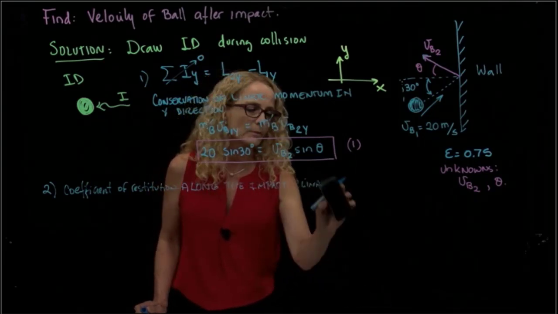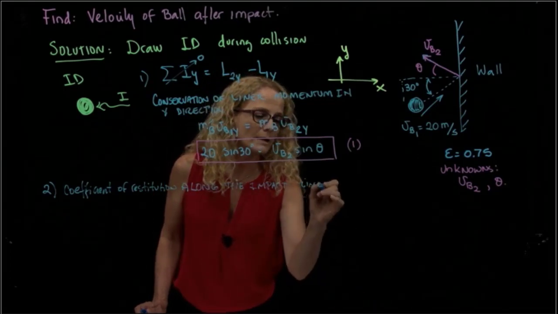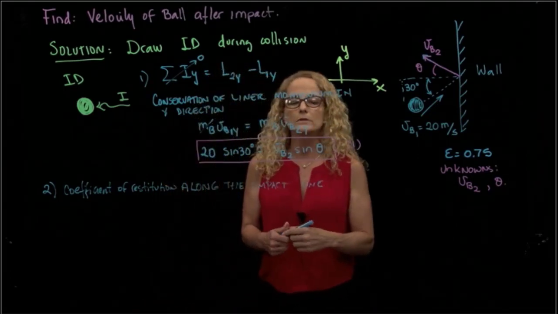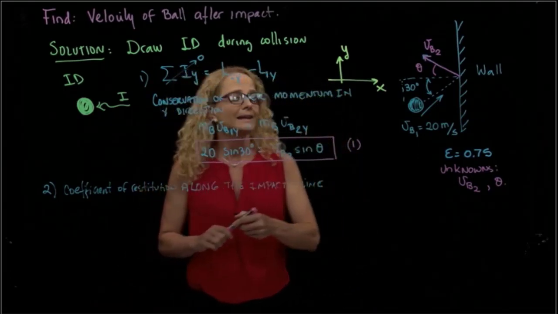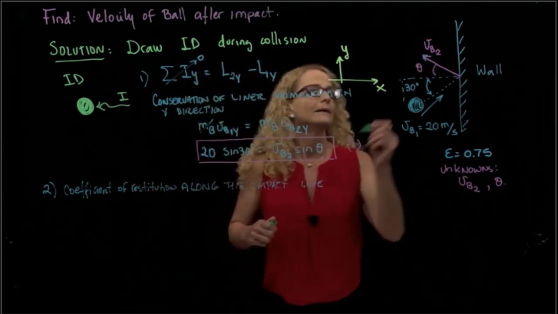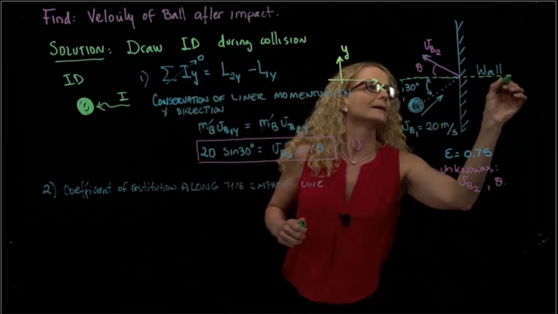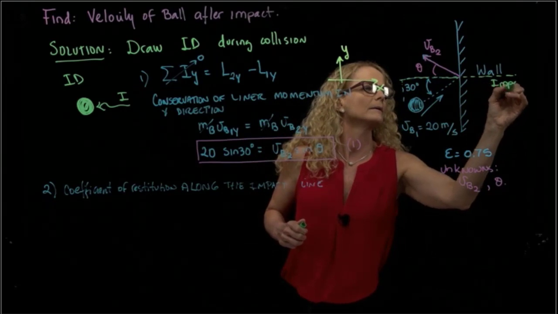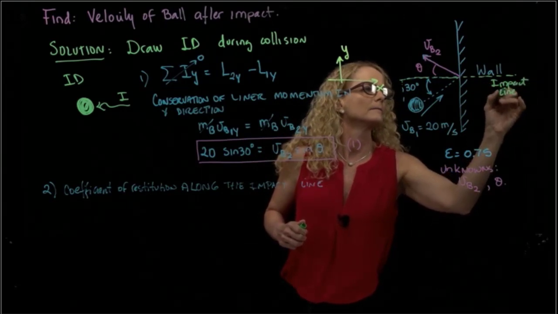So that's very important because you have to also decompose the velocity. So what is the impact line? The impact line is in the x direction. So this is the impact line.